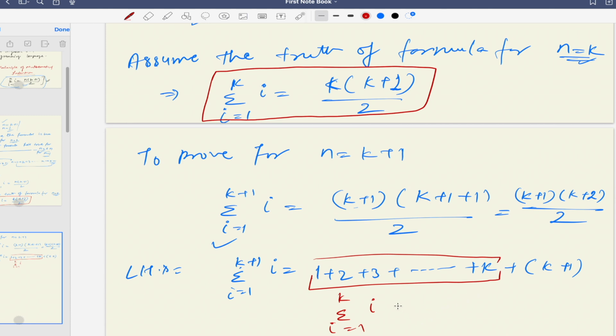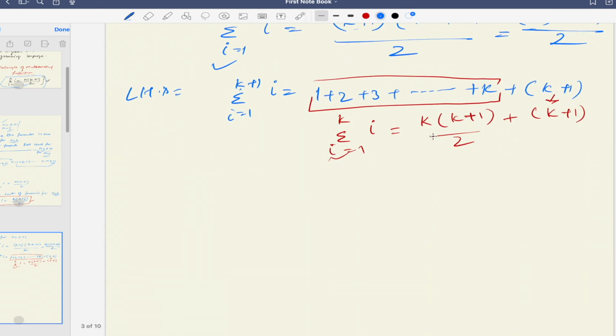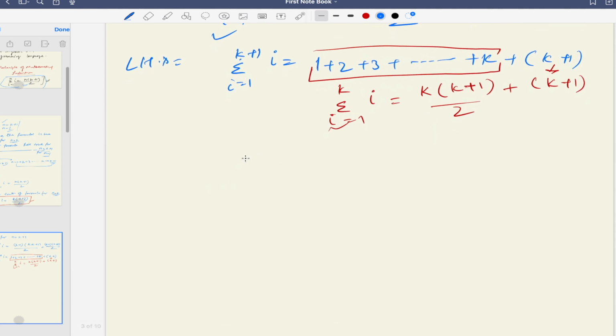Okay, so we will put the value of sigma i equals 1 to k. What will be the value? This value will be k(k plus 1) by 2. Here we put the value of this term. And the rest term is k plus 1, right? So we solve with this: k(k plus 1) by 2 plus (k plus 1).